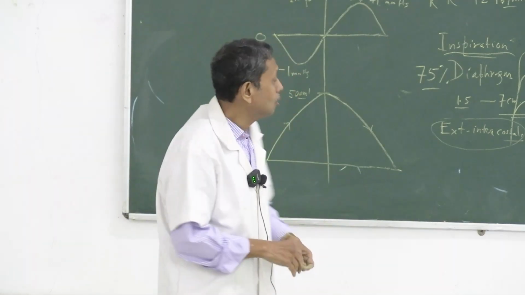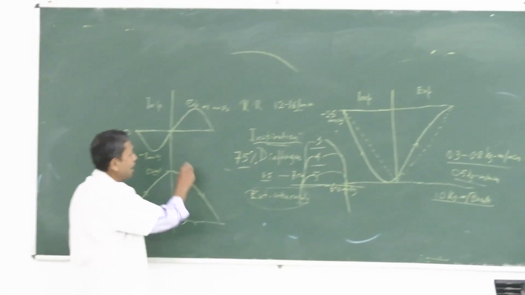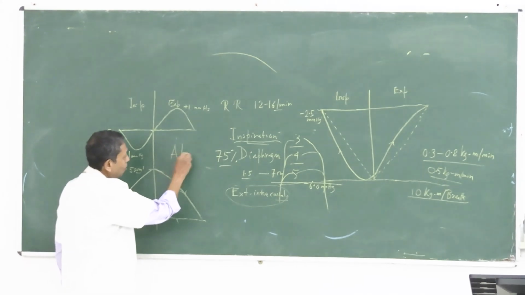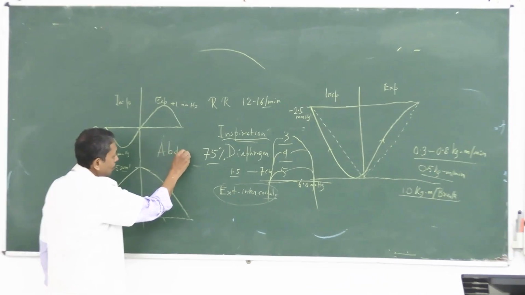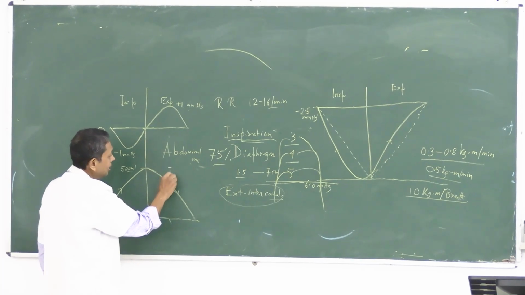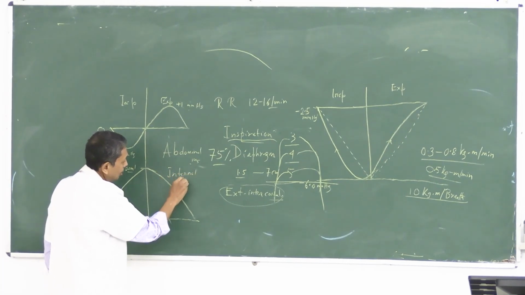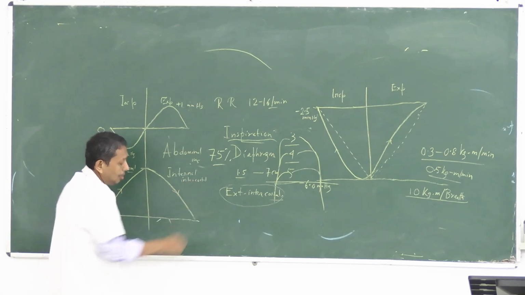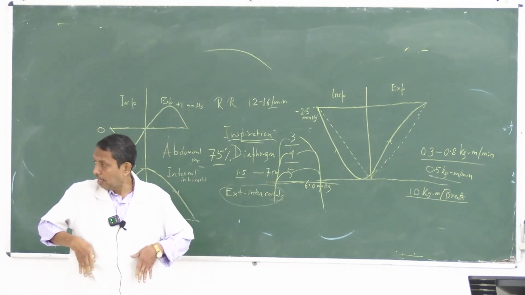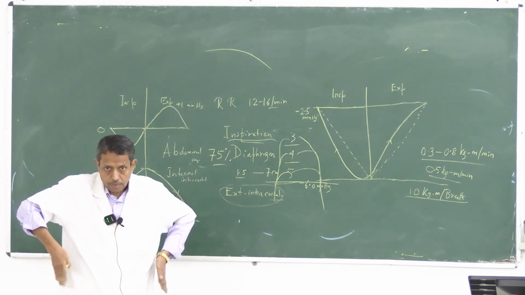Important muscles of expiration are abdominal muscles and internal intercostals.